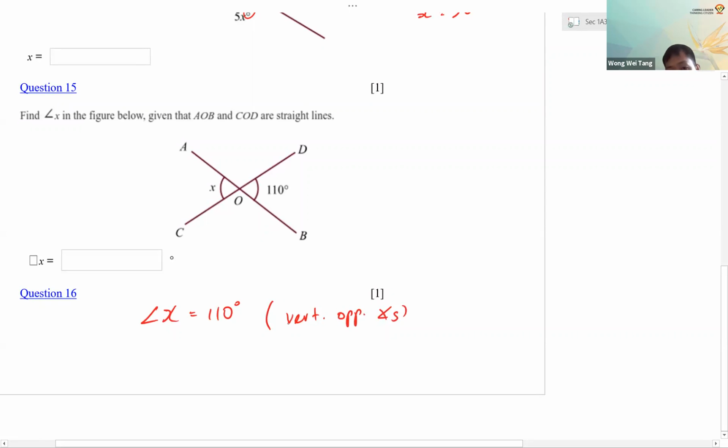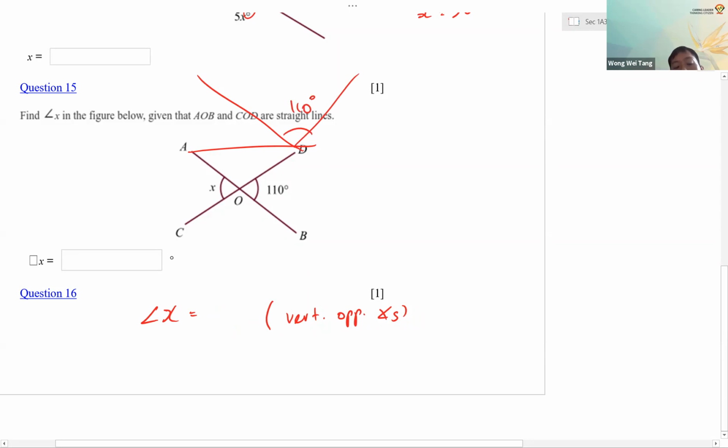Now, you will get full marks for this. I just want to recommend something to all of you to help yourselves. It's not to help me, it's to help yourself. Before you get 110 degrees, some questions which are more complicated may have another angle over here that is 110 degrees.